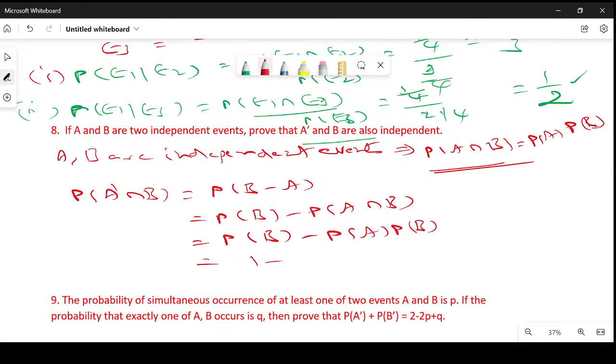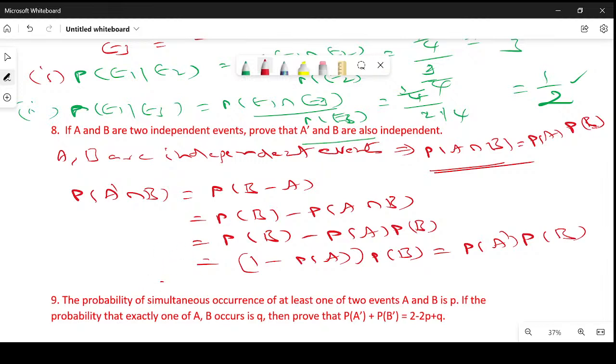It will come P of B into 1 minus P of A. But we know that 1 minus P of A is P of A dash. We got P of A dash into P of B. Hence we have proved P of A complement intersection B equals P of A complement into P of B. Therefore, A dash and B are independent events.